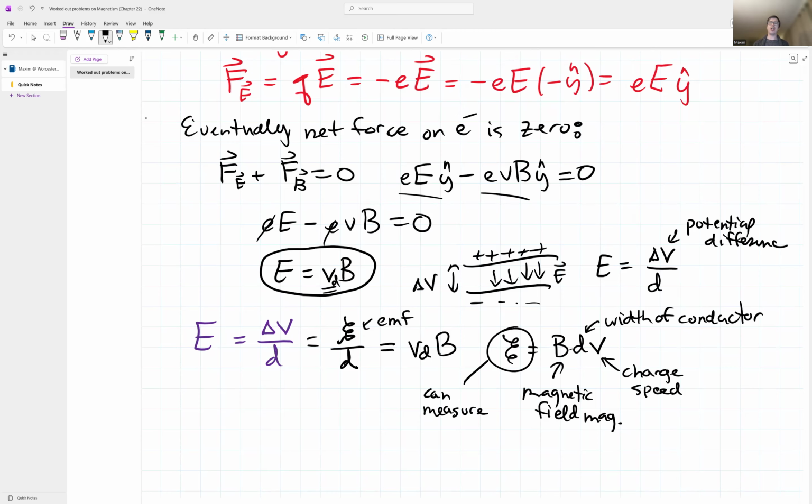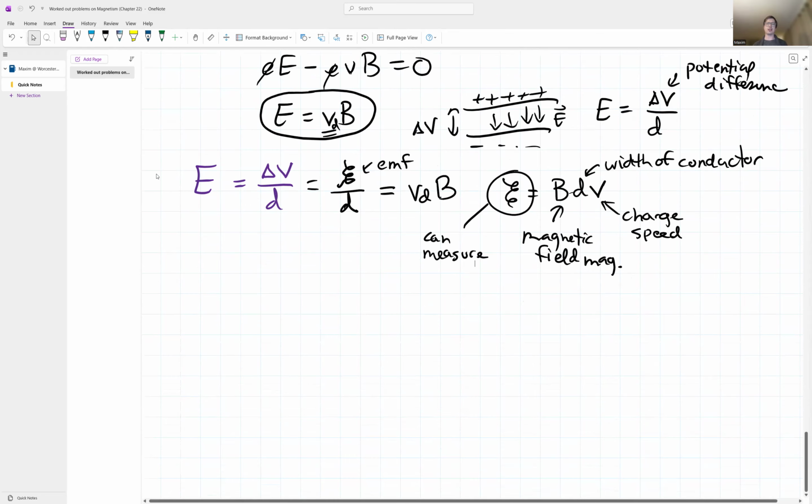In particular, if the charges are not electrons but something else like ions, then it can be used to figure out the velocity of the fluid or whatever is carrying the charge.